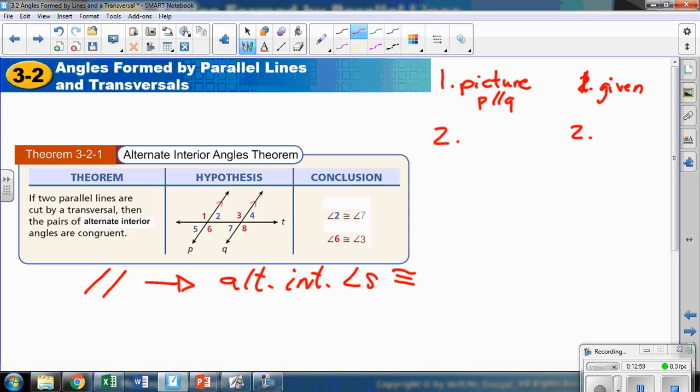Why is it that angle 3 and angle 6, so backwards, angle 6 and angle 3, why are those congruent? Here's where we're going to start. Angle 1 is congruent to angle 3 because of the corresponding angles postulate.